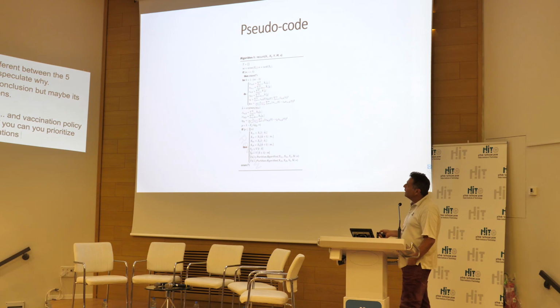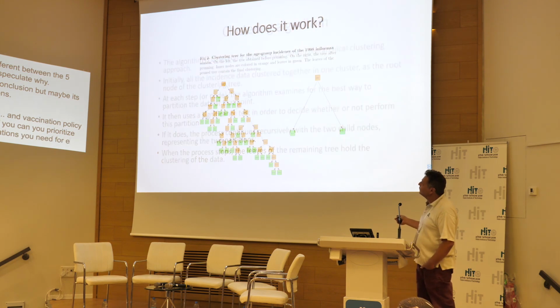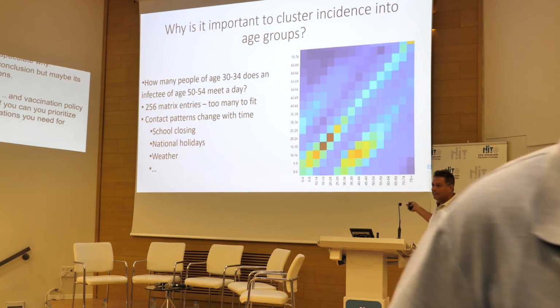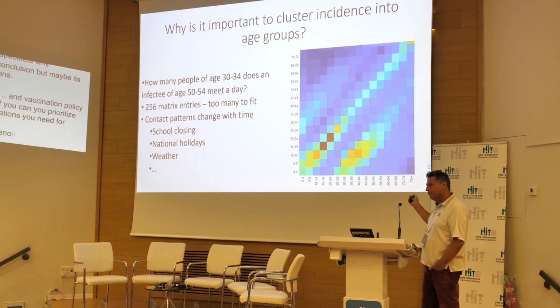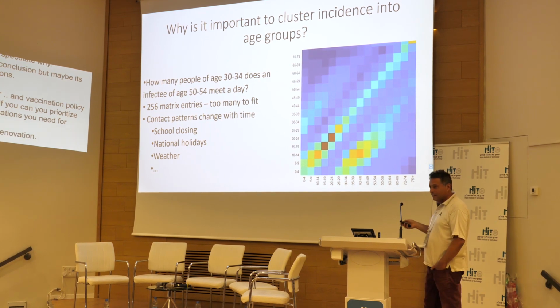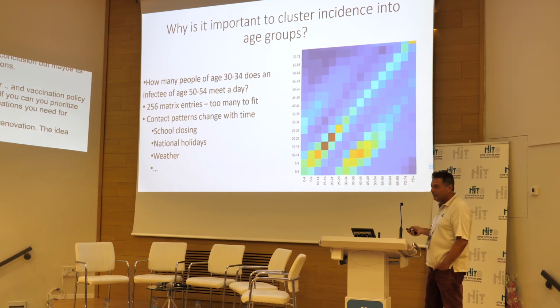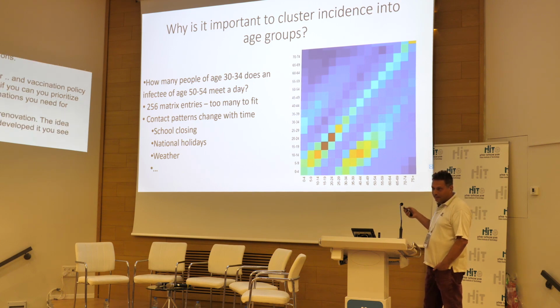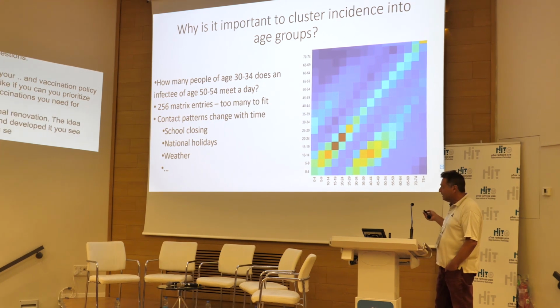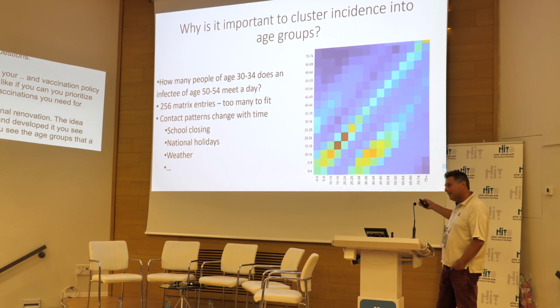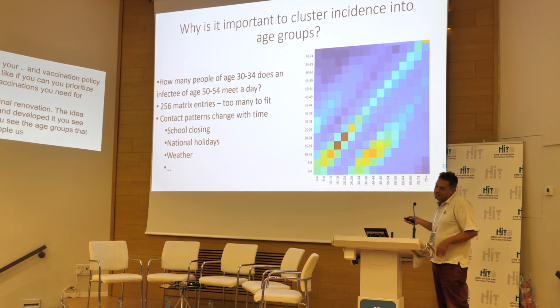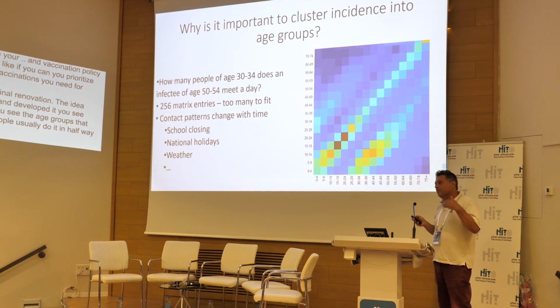Okay, so that was exactly the original motivation, because we need this matrix to know who to vaccinate. Yes. Okay, so the idea when we thought about developing this in pre-COVID times was to see from the data what are the age groups that are important, because people usually do it in an ad hoc way, so they can do just every 10 years, every 5 years, or decide people 0 to 20, and so on.